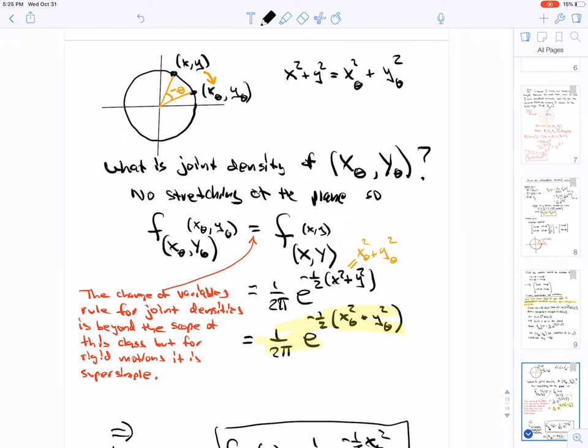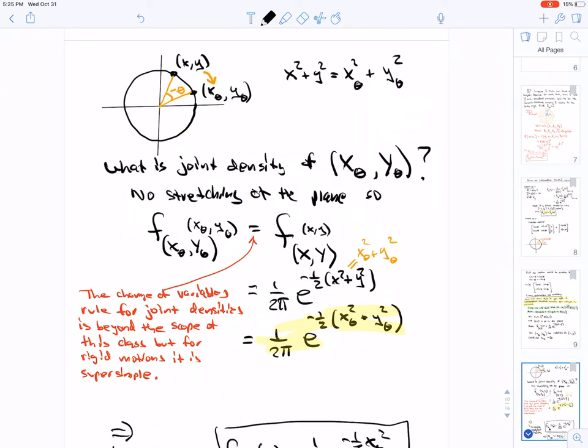So this is a rigid motion in the plane, and a rigid motion in the plane is either a rotation or a reflection. You could use a multivariate change of variable formula here to show that the density is the same, but we're not going to do it that way.